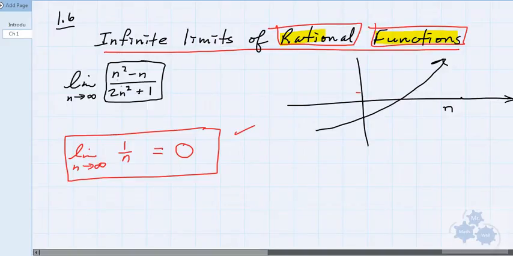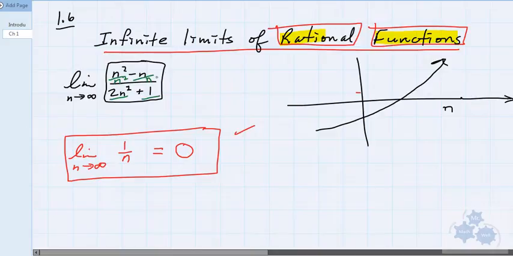Okay, so what we're going to do is try and simplify each term in the numerator and denominator. We're going to divide the top and the bottom, each individual term, by the largest degree of n, or of the variable that we see in the question.